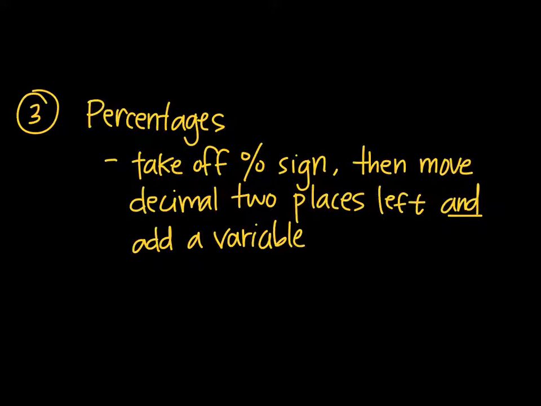And that's the part that most people forget. Add is a bad word because I don't want you to think it's a plus sign. Let's try attach a variable. That would be better. Attach. So take off a percentage sign and then move the decimal and then attach a variable.